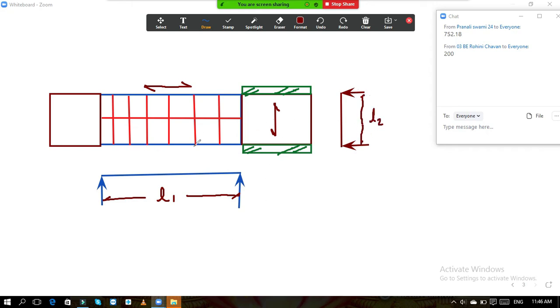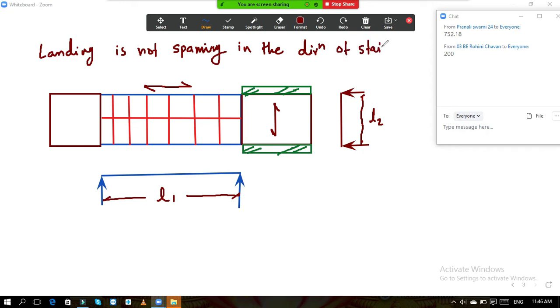So landing is not spanning in the direction of the stairs. So this case is landing is not spanning in the direction of stairs. Okay, same thing will happen with this landing also.